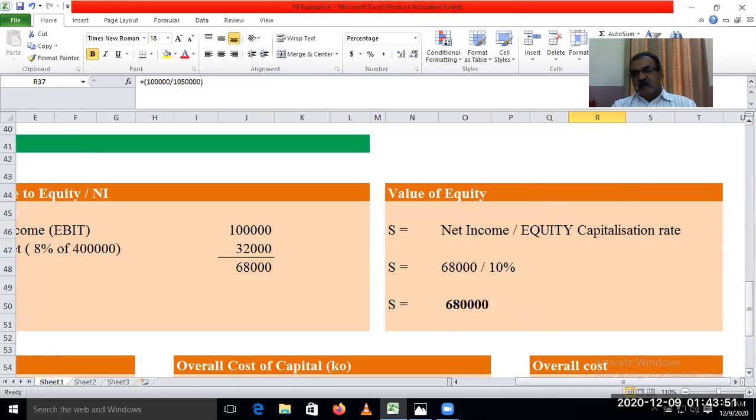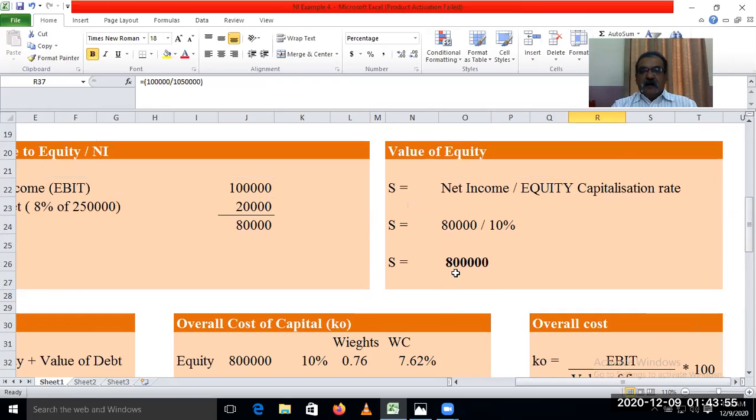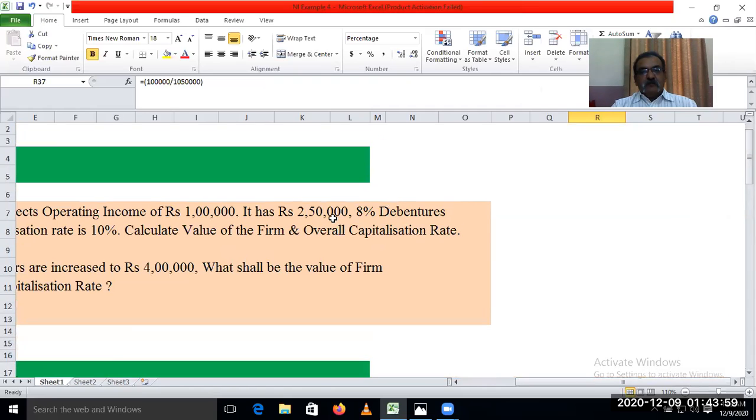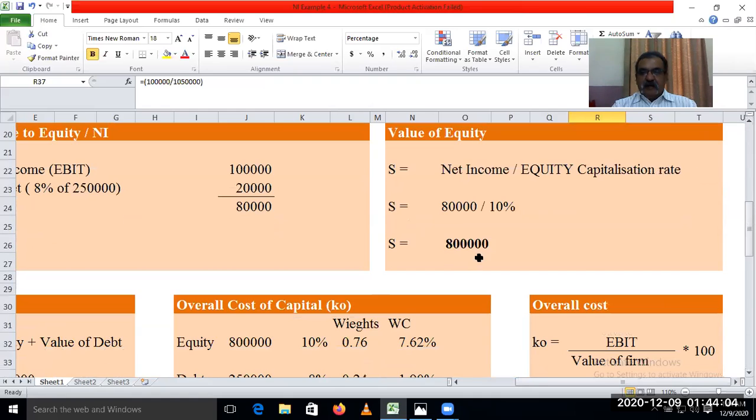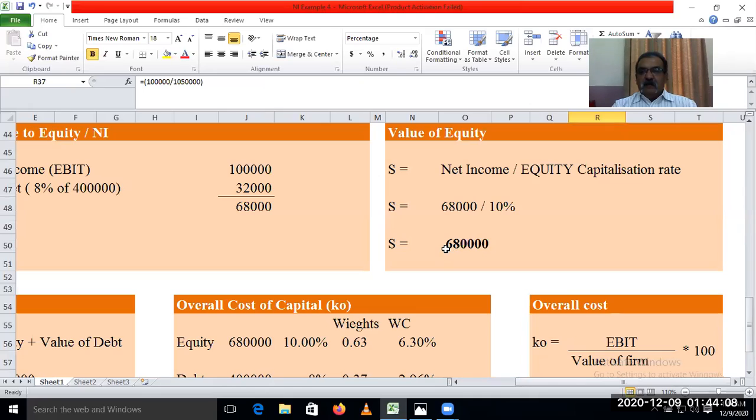So in question A, when the debenture amount was rupees 2,50,000, at that time value of equity was rupees 8 lakhs. You can check. Now the debenture capital is rupees 4 lakhs, value of equity is 6,80,000. It means value of debenture has increased and value of equity has reduced.